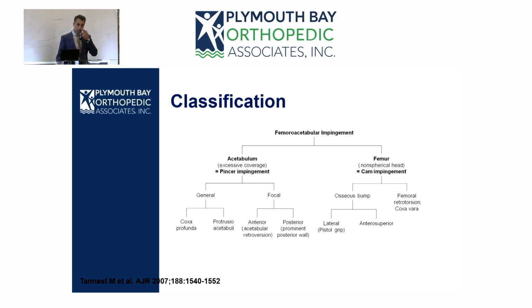On the other side, the cam deformity could be from a typical bump, like we showed, on the femur, but it could also be from morphological and rotational abnormalities that the patient can have, such as femoral retrotorsion, or a neck shaft angle that is too high or too low, like in coxa vera.